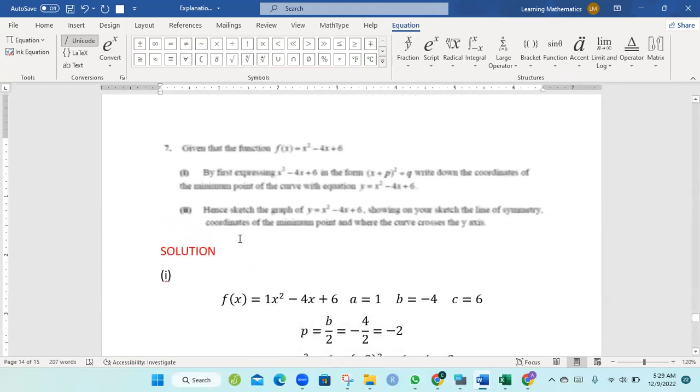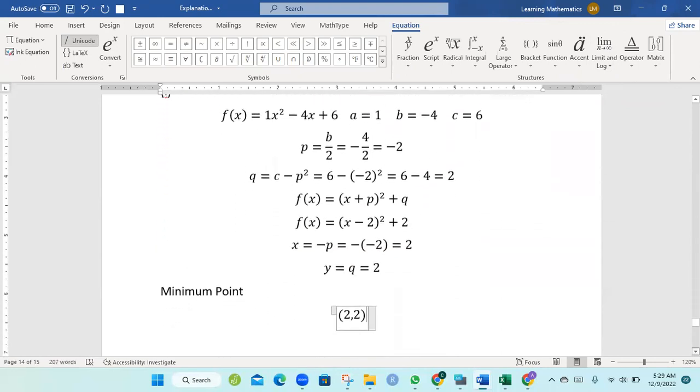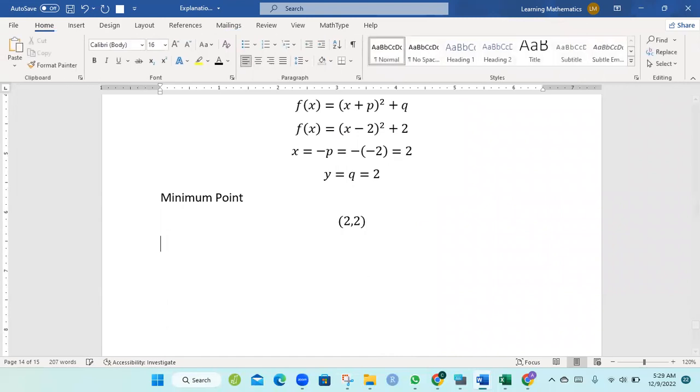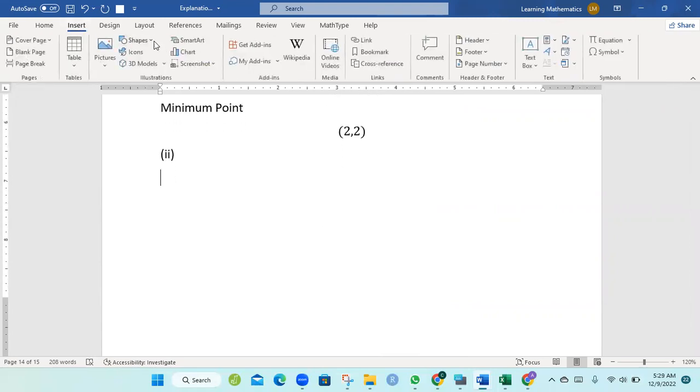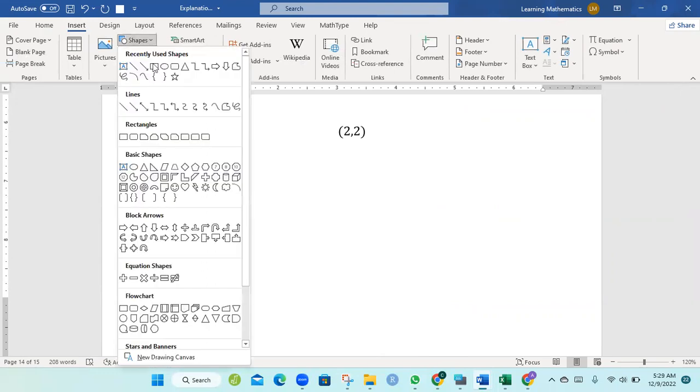Part two says, hence sketch the graph of y is equal to x squared minus 4x plus 6, showing on your sketch the line of symmetry, the coordinates of the minimum point, and where the curve crosses the y-axis. Now, since the value of a is a positive number, positive 1, the sketch will be U-shaped. So let's sketch the x axis and the y axis.